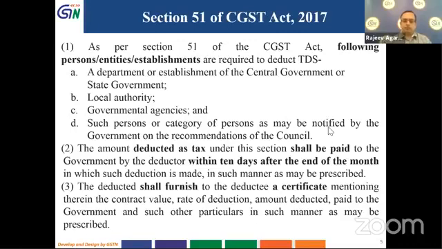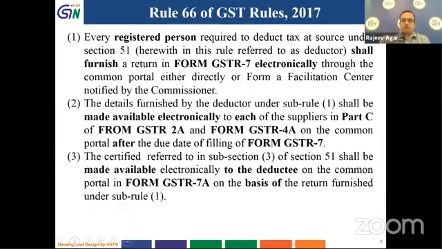Supposing we are in the month of October 2018, then if we have deducted any tax in the month of October 2018, then I have to pay that amount to the government by 10th of November 2018. Then the deductor has to furnish a certificate therein mentioning the contract value, rate of deduction, amount deducted and paid, etc. So this is Section 51.